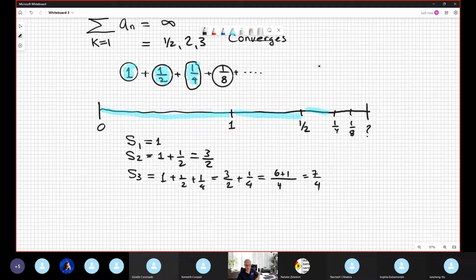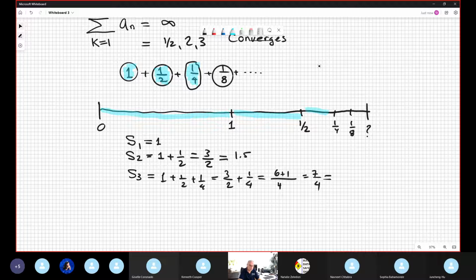Let me try to understand much better what number it converges to. I want to express this partial sum as a decimal. 3 over 2 is obviously 1.5.